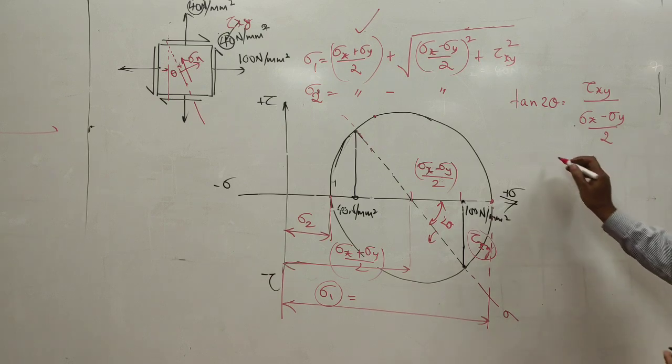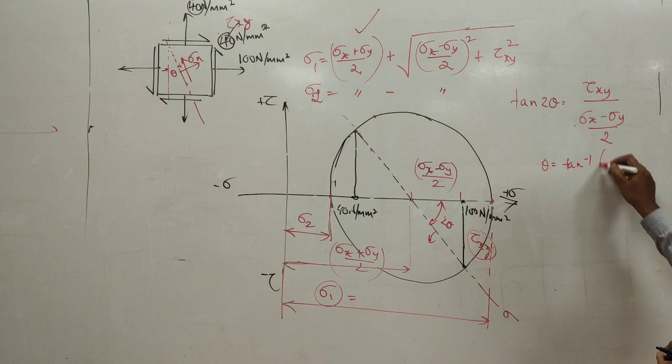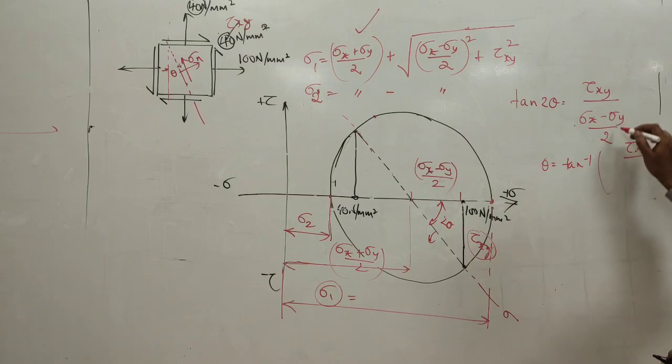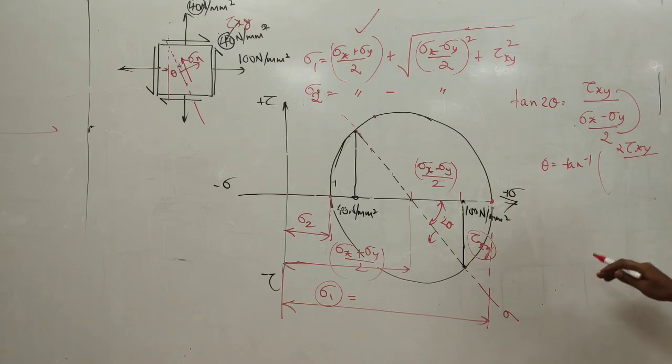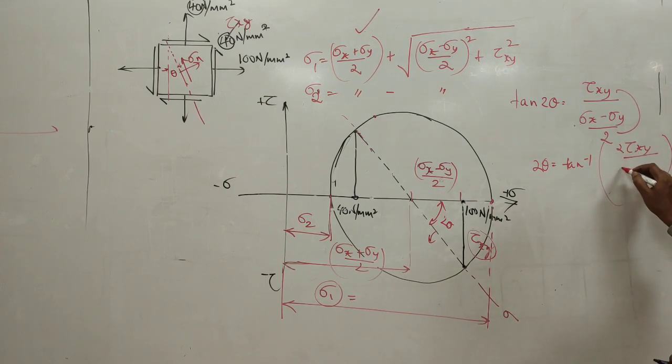Okay, so if you want theta, that is tan inverse of what? Tau xy, and this 2 can come above as 2 tau xy, so you can first find out 2 theta, otherwise it will lead to confusion.